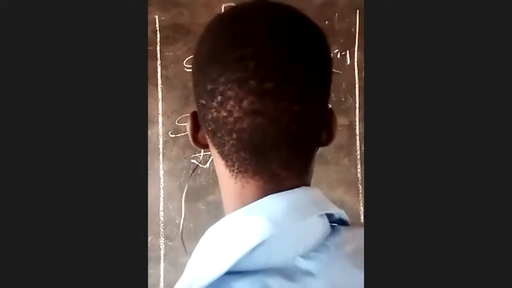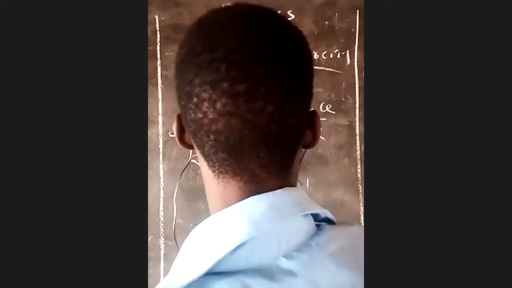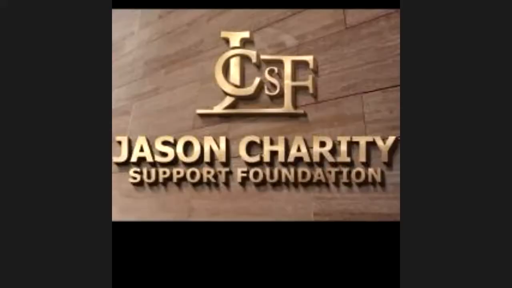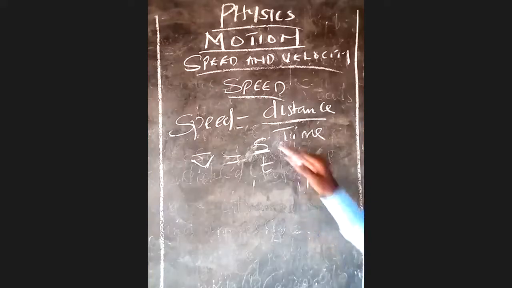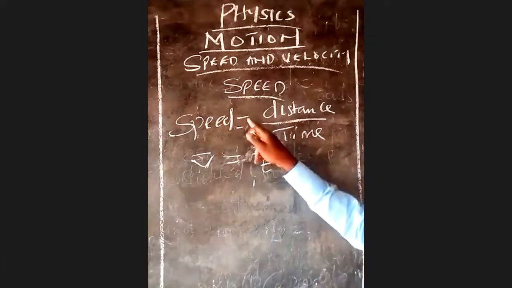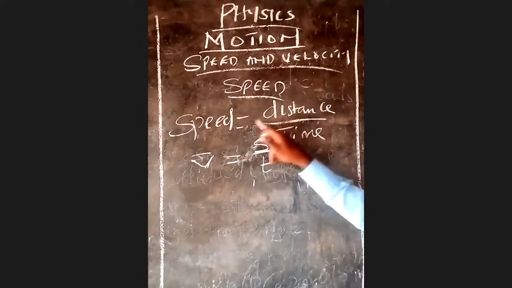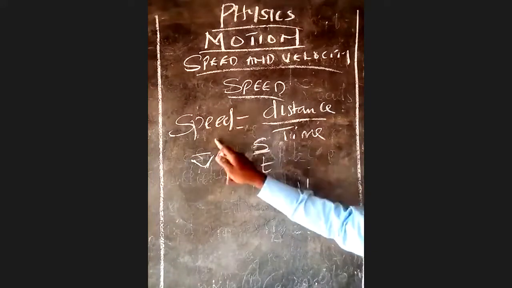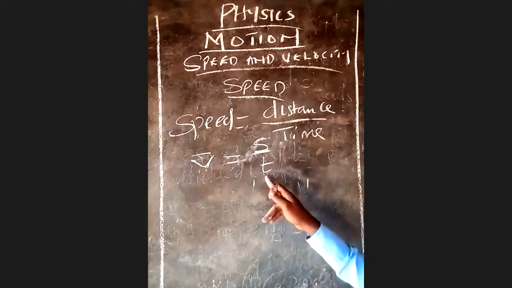This is S all over T. The speed is the rate of the distance traveled by a body over the time taken. So to find the average speed is equal to distance all over time.